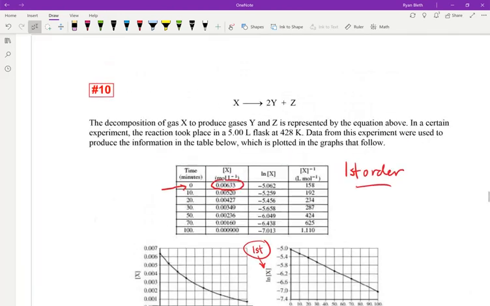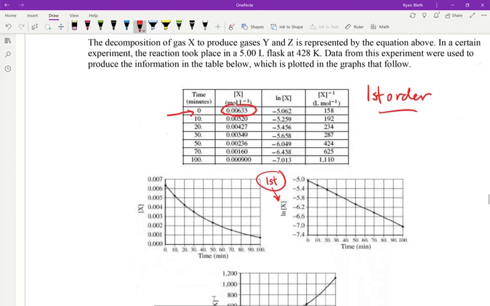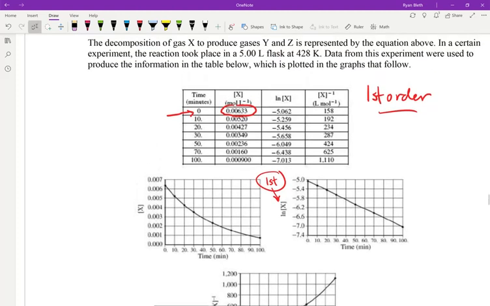Well, that's where our equation comes in. We want to look at the reaction equation and recognize that we have a 1:2 mole ratio of X to Y, and Z has a 1 as well. But this is a 1:2 mole ratio for X to Y. That's going to be important to get to Y, because we have all this data for X, and we have a ratio that links that data directly over to Y. So what happened to X in the first 20 minutes?